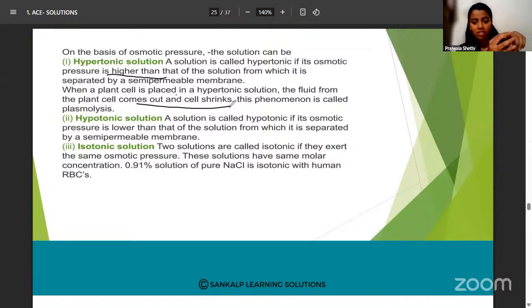Water comes out of the cell, and in a hypertonic solution that cell will shrink. Why I'm stressing this is, again you have questions based on this. Okay, and that concept is called plasmolysis.